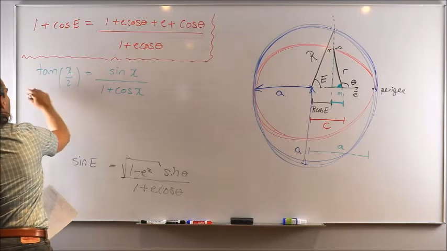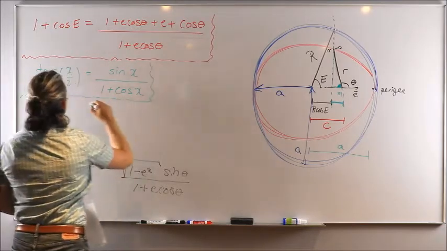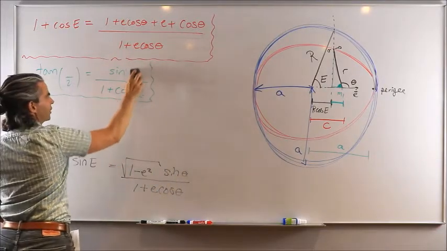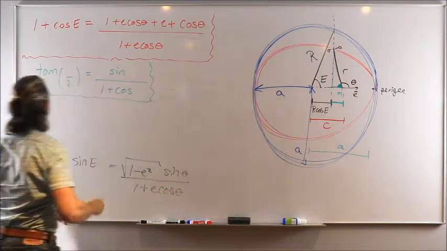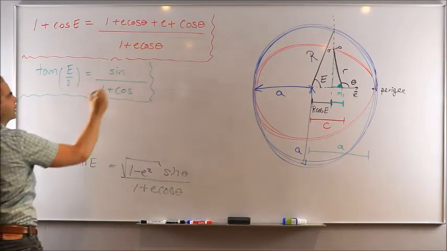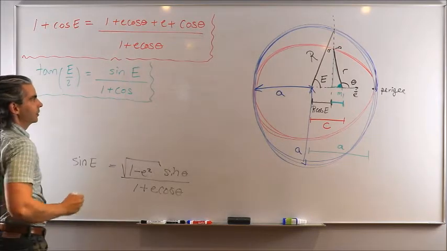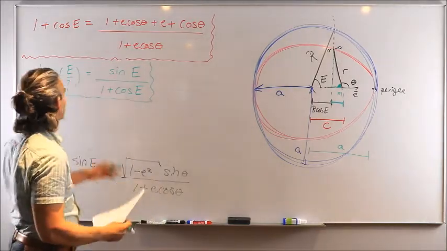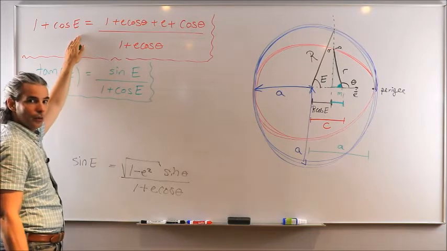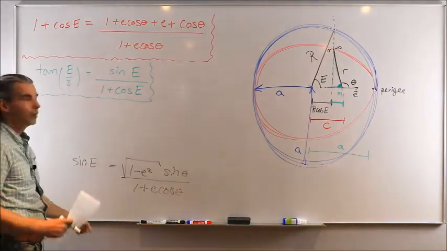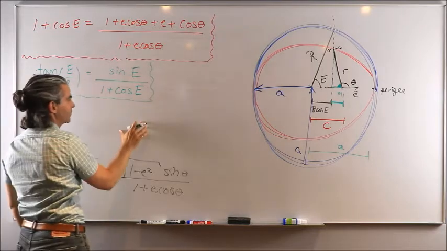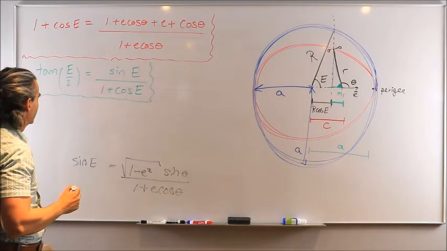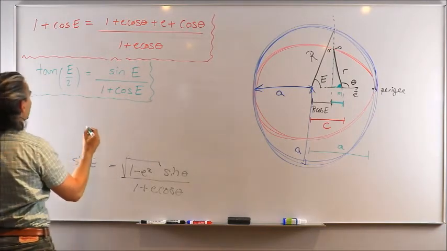So if you apply this identity to our case, where our angle happens to be eccentric anomaly instead of a generic angle x, we can then write that tan of eccentric anomaly over 2 is equal to sine eccentric anomaly over 1 plus cos eccentric anomaly. And now you see why previously I had solved for 1 plus cos eccentric anomaly and then sine eccentric anomaly. Well, that is because I want to use that identity at this point to keep simplifying the right-hand side of my relationship. Okay, so let's apply it and let's see what we end up with.